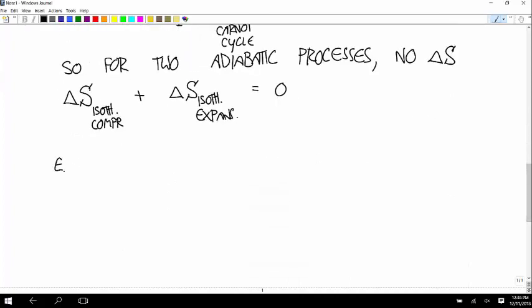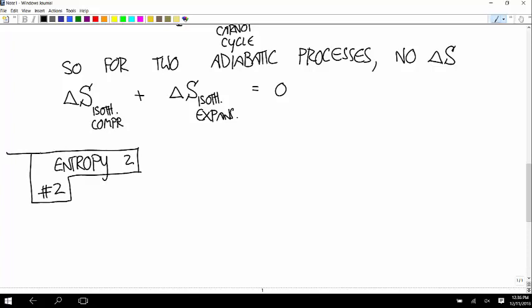Okay, so entropy 2, number 2. We have an isolated system. So what's that going to mean for us?